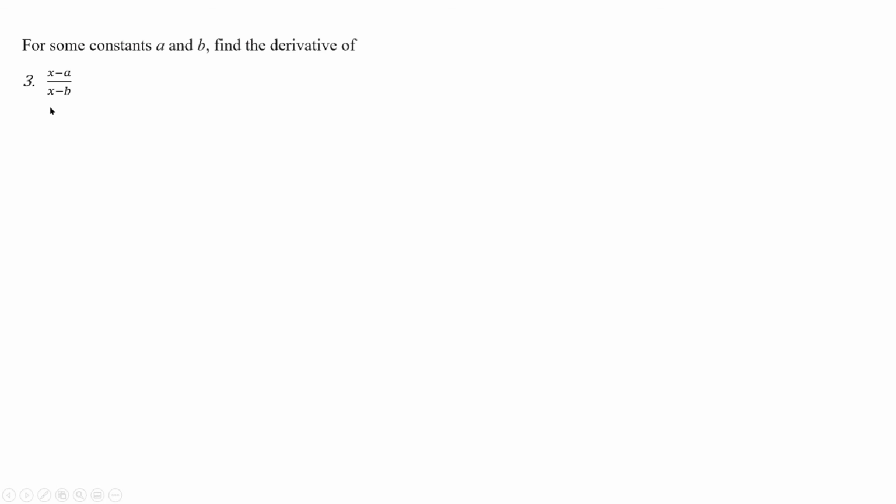Next question, x minus a upon x minus b. Now this is of the form f by g. So the derivative of f by g is, denominator we have g square, numerator we have f dash into g minus f g dash.